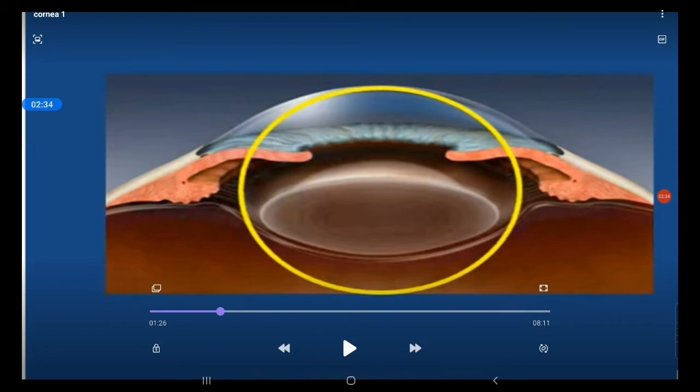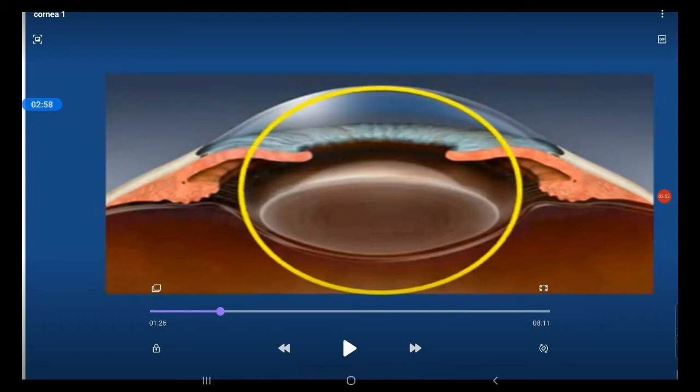The curvature actually varies at different parts of the cornea. As you move towards the periphery, you get bigger circles because the cornea becomes flatter, so the radius of curvature of the circle will be higher.